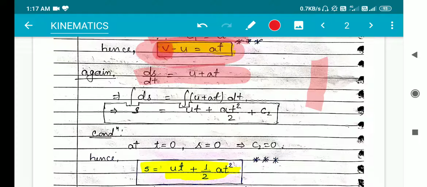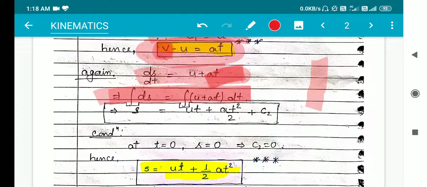Again I am going to integrate this equation, changing the division form of ds and dt into multiplication form.